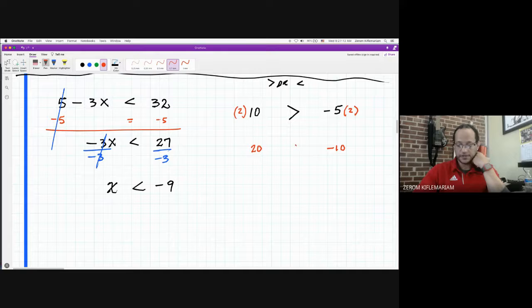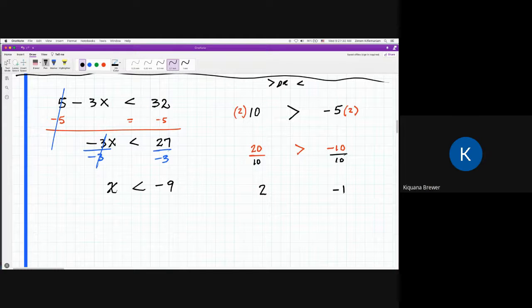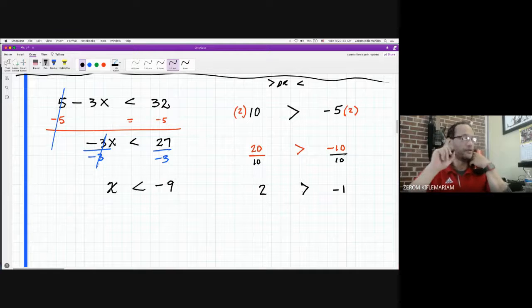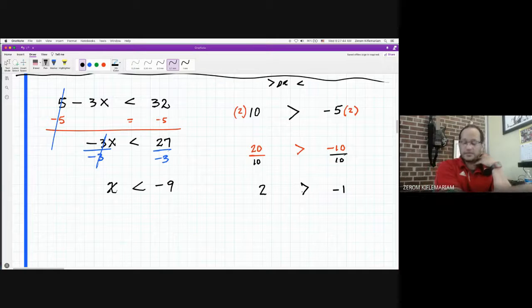Greater than. And if I divide this side by 10, over here becomes 2, over here becomes negative 1. What sign goes in between? It's going to be greater than. So whatever I did by a positive number didn't change anything. If I multiplied by a positive number, if I divided by a positive number, the sign remained the same.